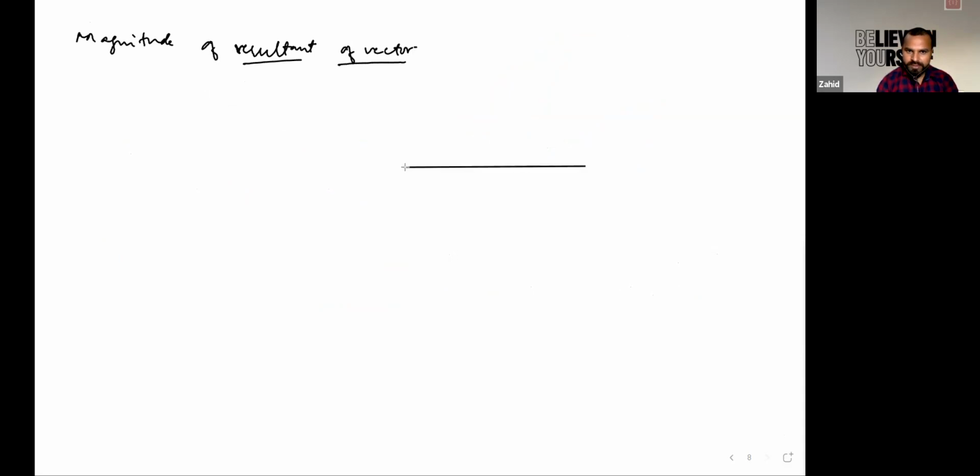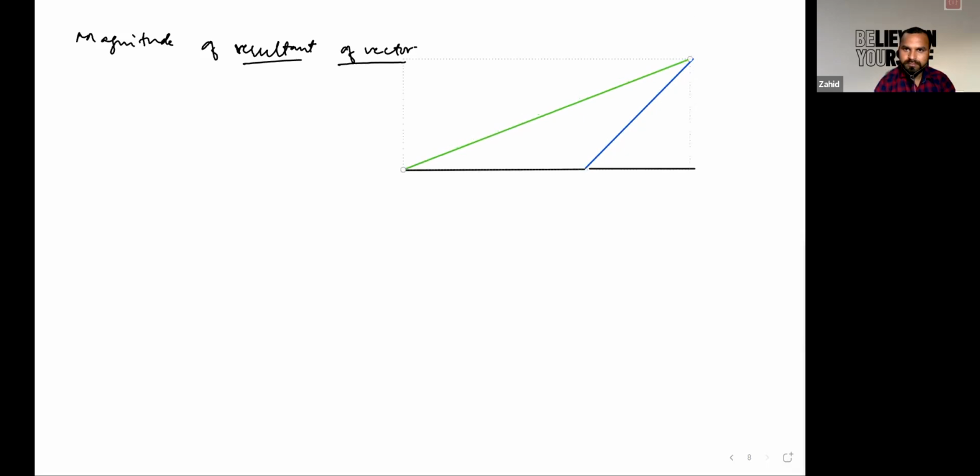Now, the next term is to define magnitude of resultant. Magnitude of resultant. Suppose if you have vector along this path, this is vector A having magnitude from this point to this point.